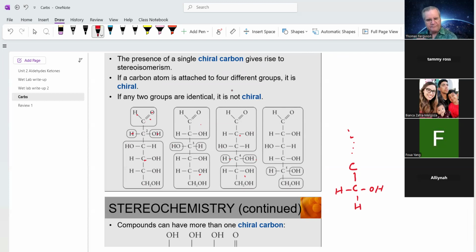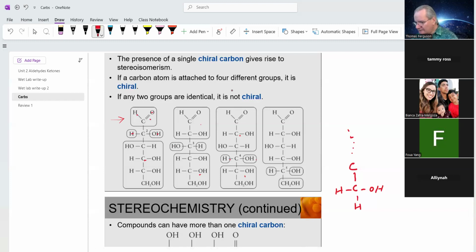Most of the time, probably even 95% of the time, the ring version is more stable than the open version. Hence you always see glucose and fructose, all of them, in the ring formation. That's because they're more stable, but they do open up. Every single one of them opens and closes. Now, the deal is when they open, of course, they expose the aldehyde, which of course is prone to reactions.